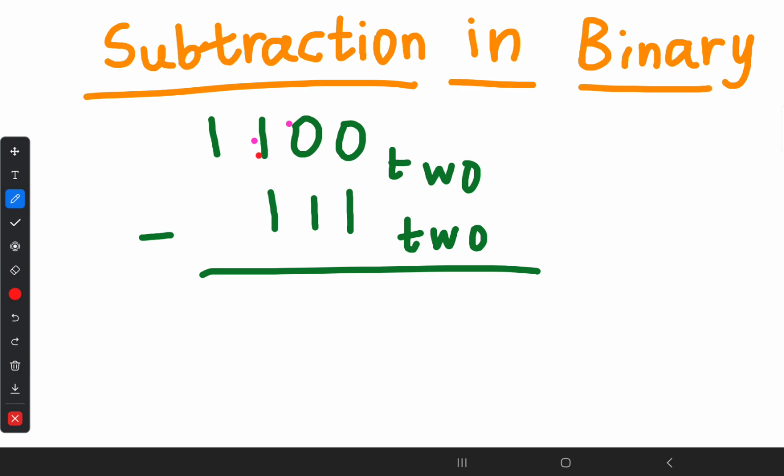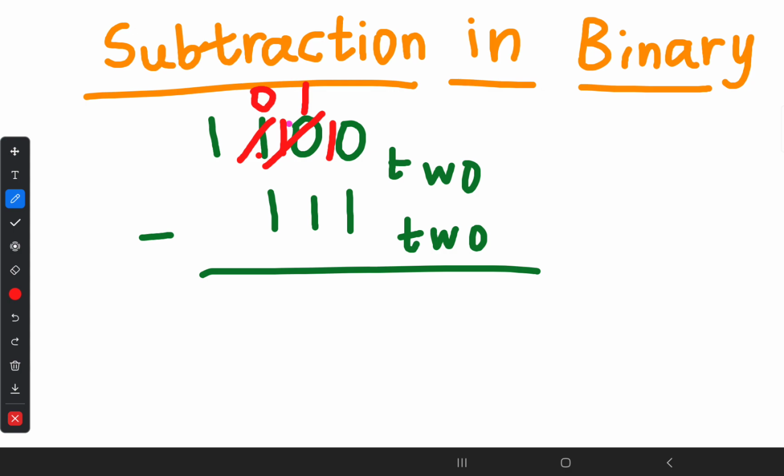From 1 only we can lend 1, no? So when you lend 1 from this 1, it becomes 0, and this 0 will become 10. So from 10, when you lend 1 again, this 10 will become 1, because 10 minus 1, that's 1, no? So the next 0 will become 10.